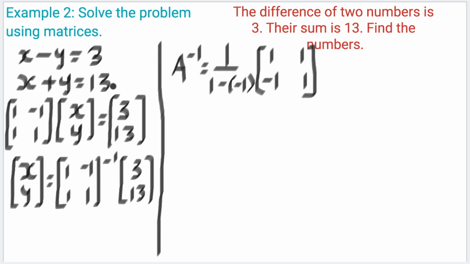And then the next part here is to multiply all the values inside the matrix times the coefficient. So here I'm going to use mental math, and so if you have trouble finding how I got the answers, just pause the video at each step and then do the calculation on paper. 1 minus -1 is the same as 1 plus 1, so the denominator here is going to be 2. Our coefficient is 1/2.